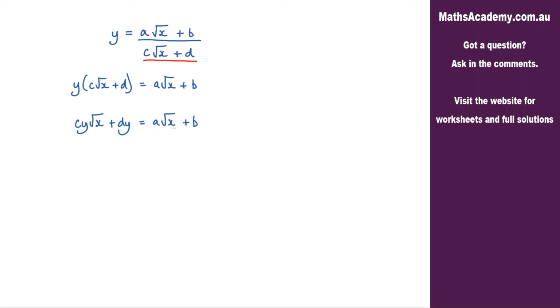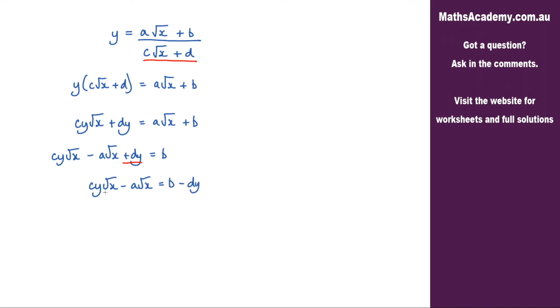Subtract a root x from both sides, so we get cy root x minus a root x plus dy is equal to b. Then we're going to subtract dy from both sides, so we have cy root x minus a root x is equal to b minus dy.